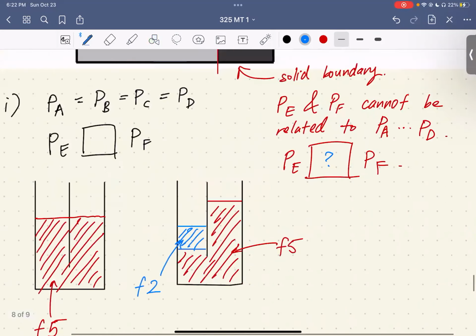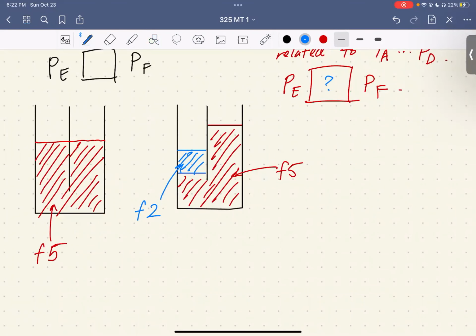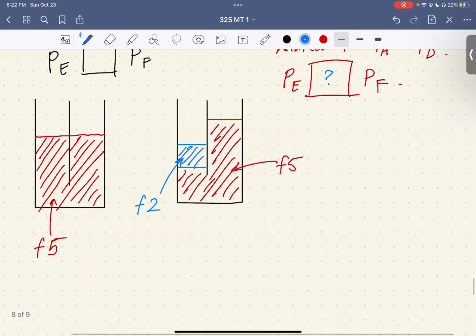That's right over here. Great, so to actually determine, we know that first fluid 2 is creating this increase in height, right, of fluid 5. We know then that the density of fluid 2 is greater than fluid 5. Another way to look at it is we know here at these points is PATM.